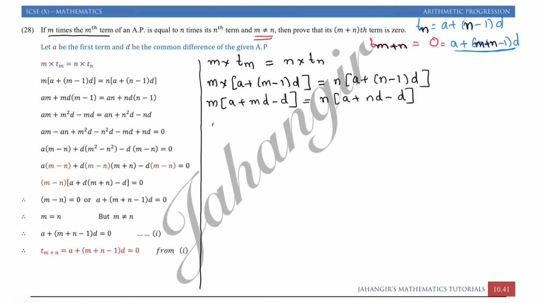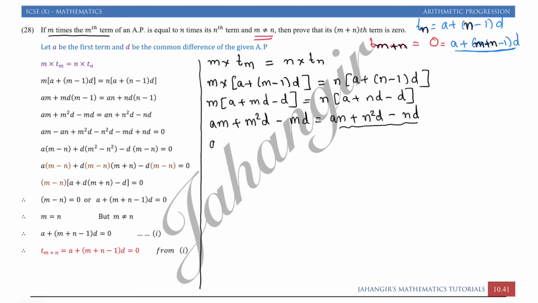We open the brackets: am plus m square d minus md is equal to an plus n square d minus nd. Now we will use factorization. We will shift all these terms to the left side so that the right side is 0.